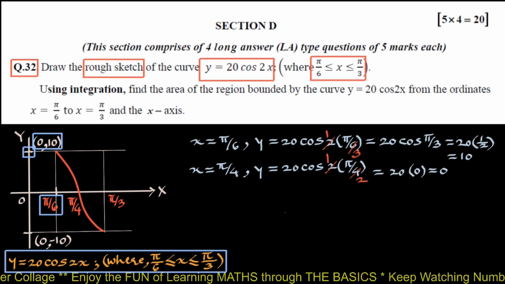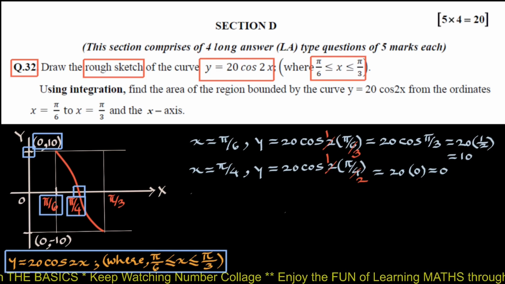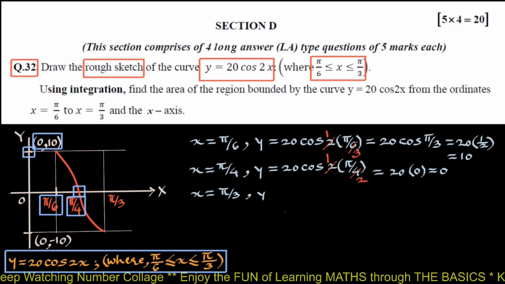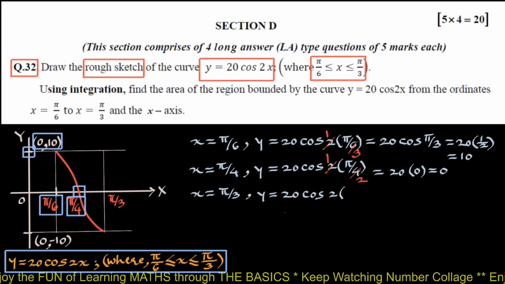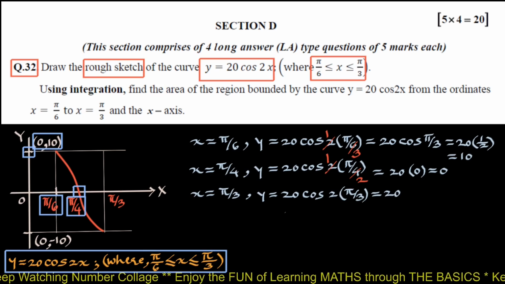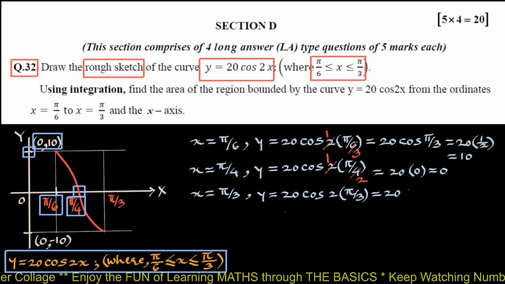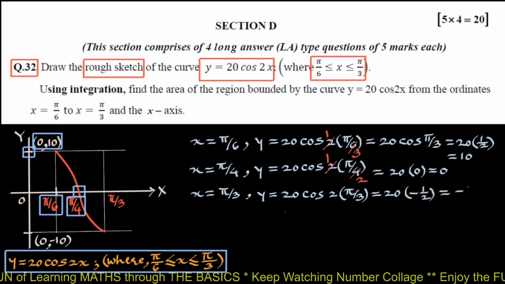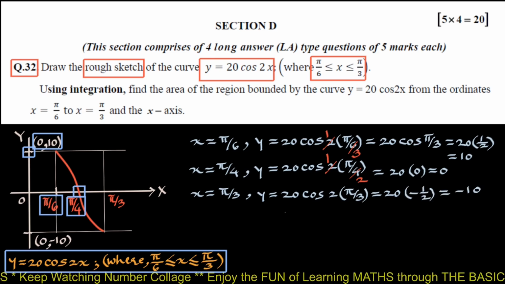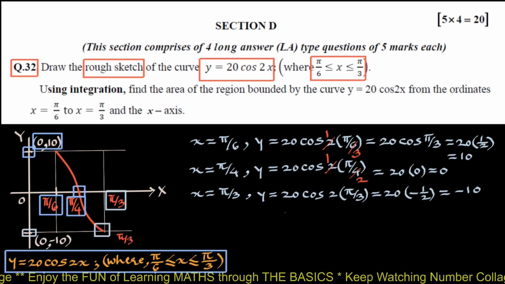So this is this point here when x equals pi by 4. When x equals pi by 3, y will be 20 cos 2 times pi by 3, cos 2 pi by 3 will be cos 120, which is minus cos 60, minus half, which is minus 10. So for x equals pi by 3, we have this point pi by 3 comma minus 10.